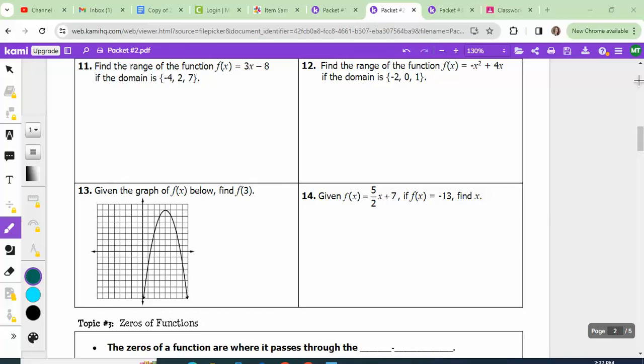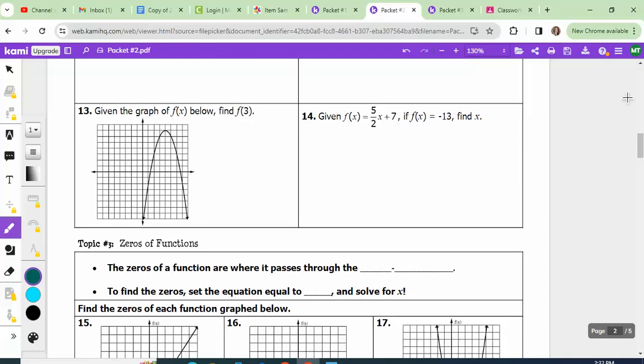Problem 13 is asking you to use the graph to find f of 3. So this says f of x, find f of 3. So it's saying if x is equal to 3, find y. That's all it's asking. When I look at this graph, I have to look where x is 3.